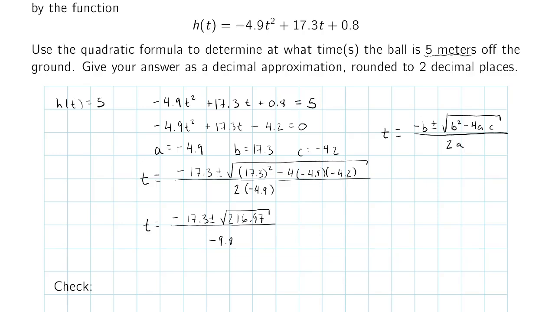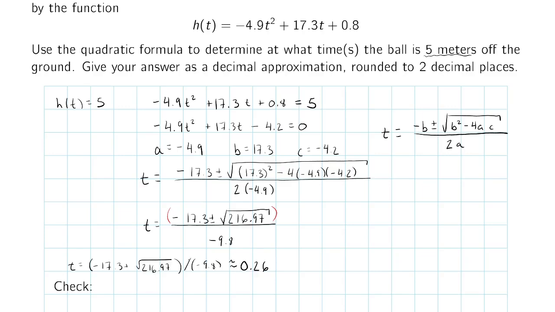And now on the calculator, I can either enter it in a way that actually looks like a fraction if my calculator has that feature. Otherwise, I need to make sure I put my numerator in parentheses. So t is negative 17.3 plus the square root of 216.97, all over negative 9.8, which is approximately, to 2 decimal places, 0.26.